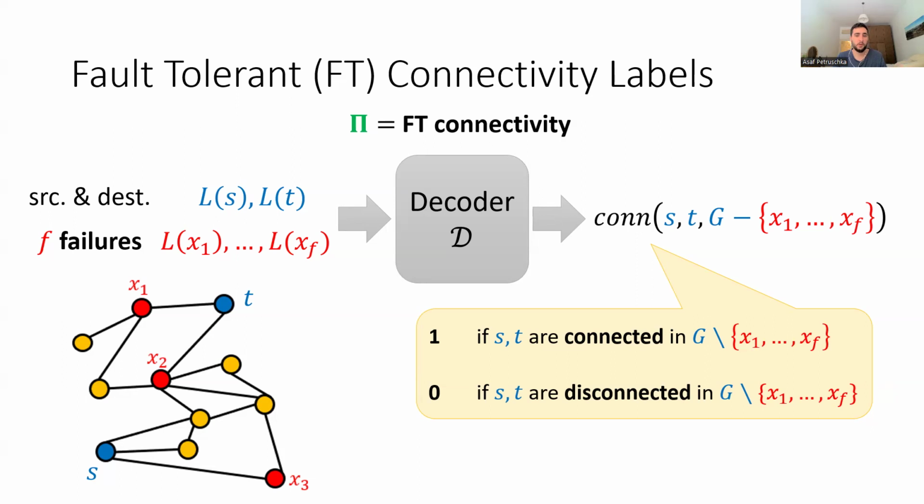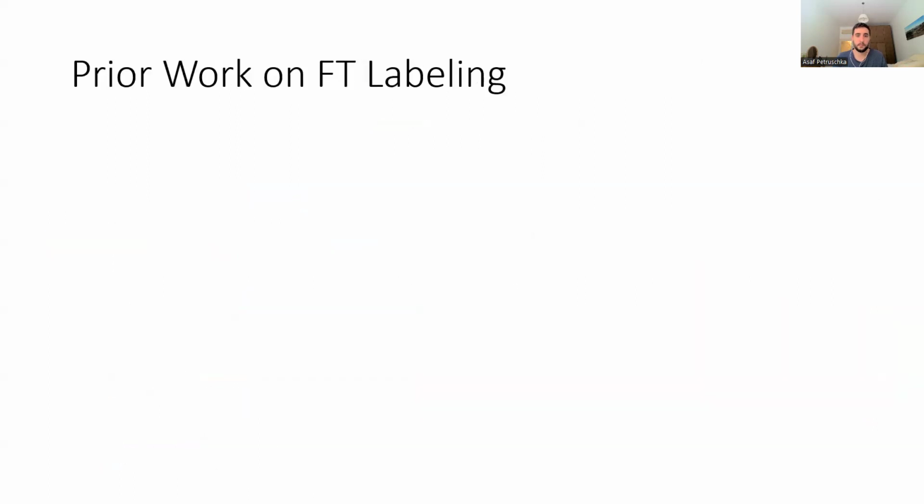So the input for the decoder is the labels of S, of T, and of x1 up to xf, and the output should indicate the connectivity between S and T in G minus the failures. So for example, if the query is as depicted here in the picture, the answer should be 0 or disconnected. And note that F, the number of failures that we should tolerate, is a parameter which is a part of the problem definition. So let me briefly discuss some prior work.